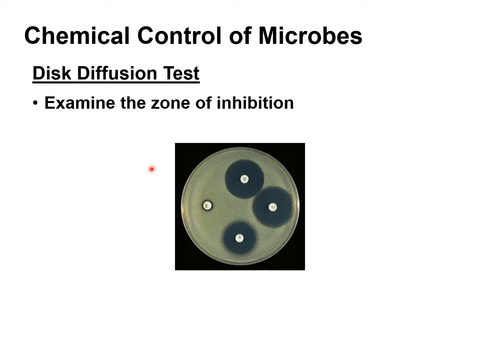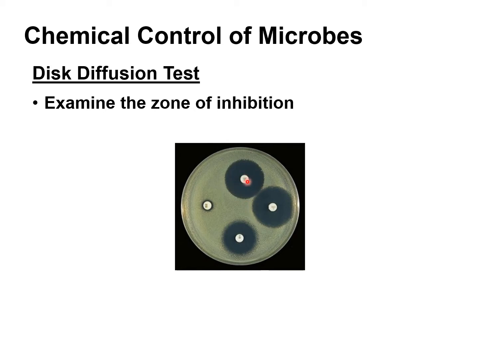Now, if we talk about some chemical control of the microbes, we can talk about the disc diffusion test. And if you recall, we also refer to it as the Kirby-Bauer method. So you can refer to it as the Kirby-Bauer or the disc diffusion test. That's when you examine the zone of inhibition around the disc that has the disinfectant.